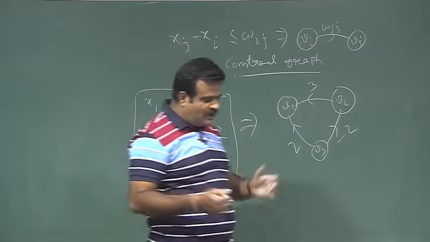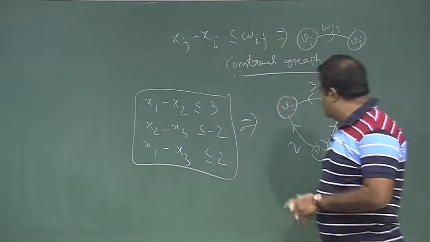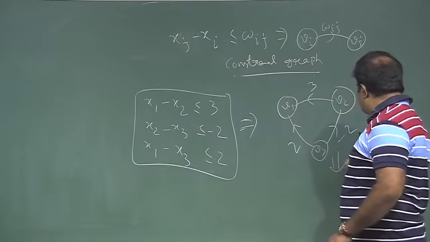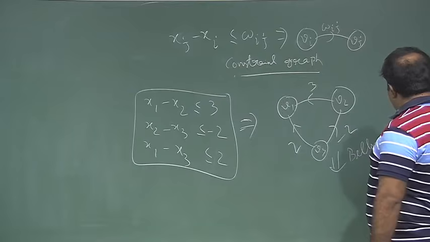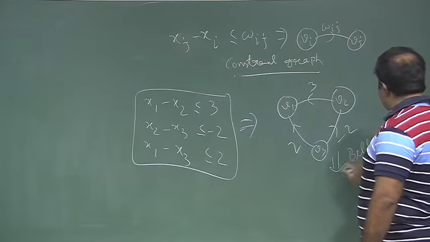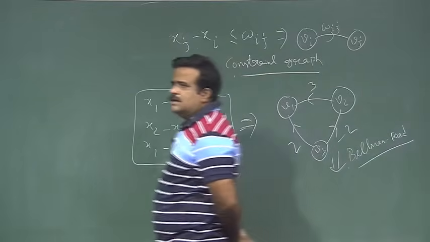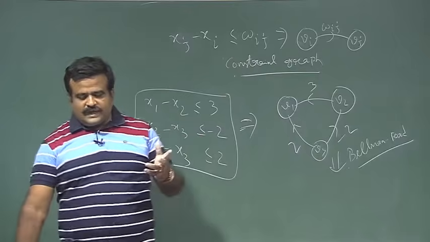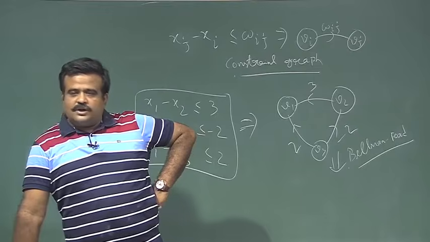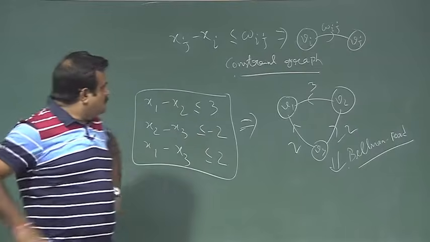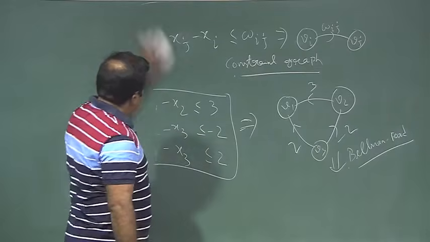Now, once we have this graph, we can apply the Bellman-Ford algorithm. Once we apply it, it will either report a negative cycle or give us the shortest path weights.